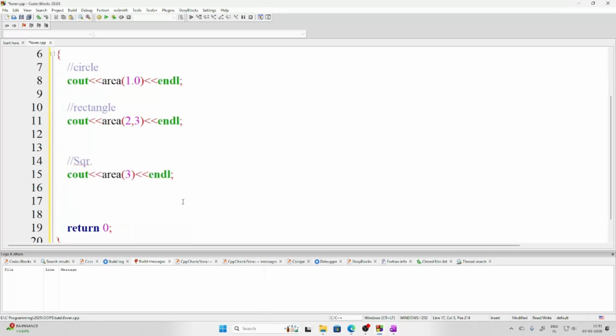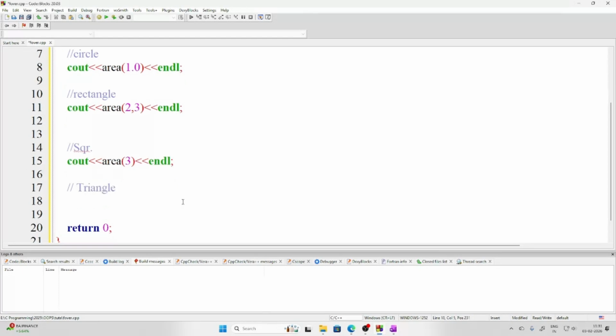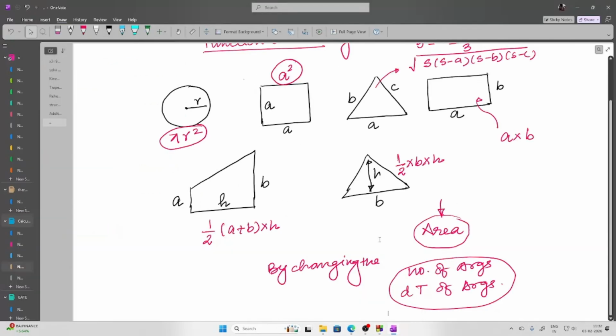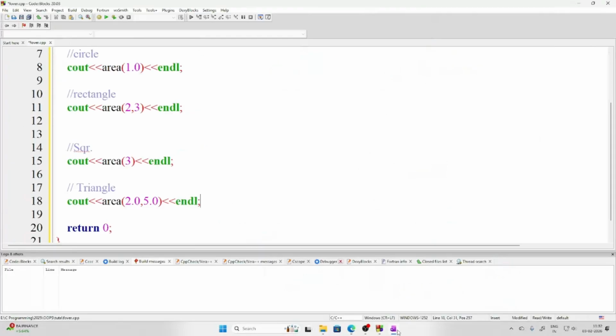Or if I give, let's say, 2 dimensions like this, then it should give me the area of the rectangle, and if I am giving, let's say, 2, 5, then it should give me the area of the triangle, and so on. So for every shape you should be capable of doing it. Right now I am taking only these 4 shapes: circle, rectangle, square, triangle. You can extend this concept to any shape.